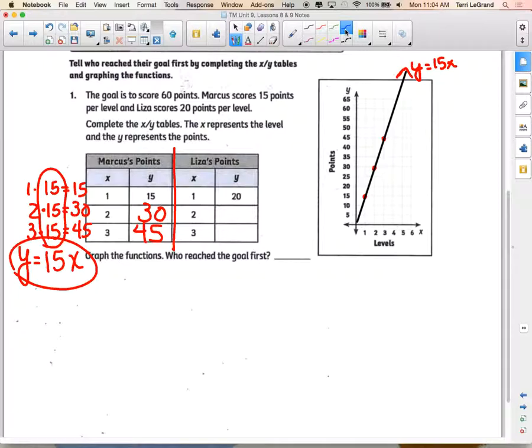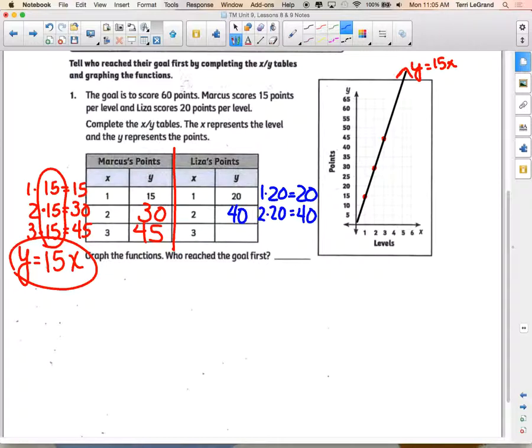Okay, Liza scores 20 points per level. So in the first level, Liza scores 1 times 20, which is 20, like they already have it, right? So in the second level, Liza will score 2 times 20. How many points will Liza score? 40. So we can go put that in our table.